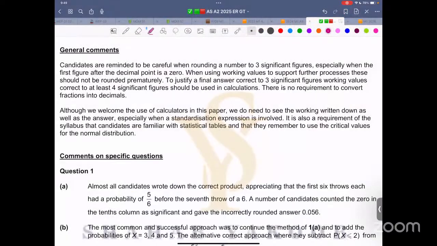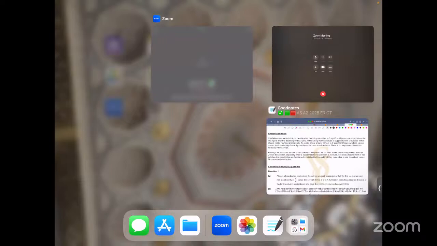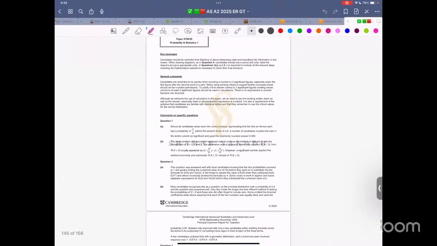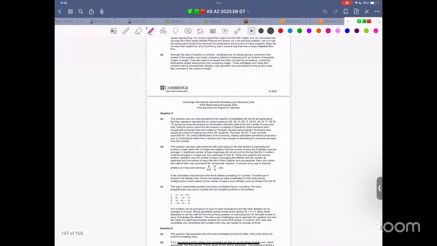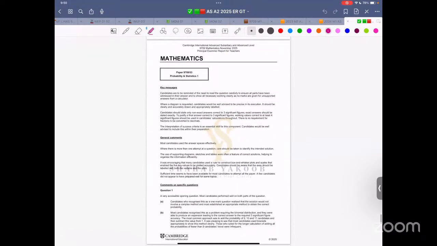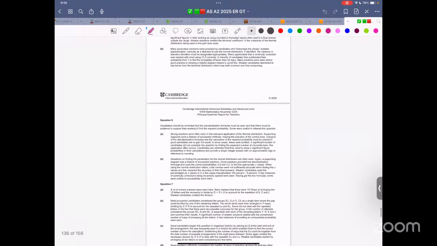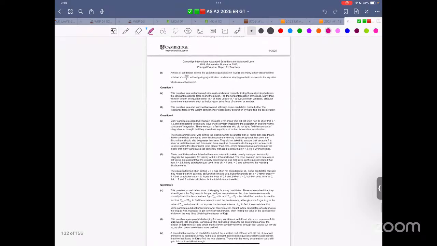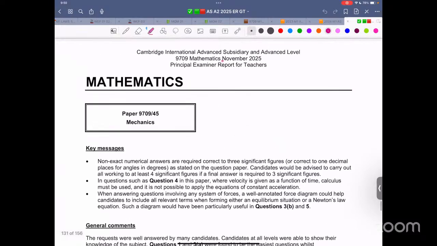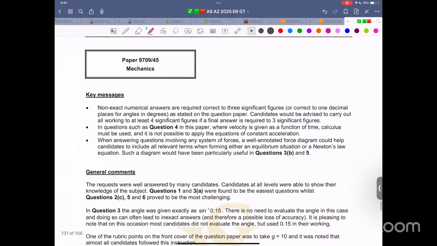For some reason, it's getting stuck. So this is S1. Okay, let's look at this. This is a November paper. Non-exact numerical answers, the same thing.